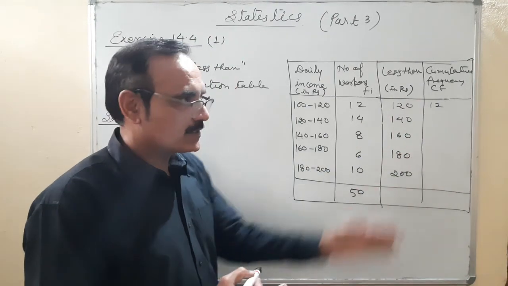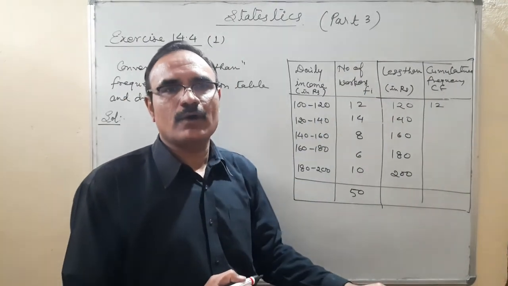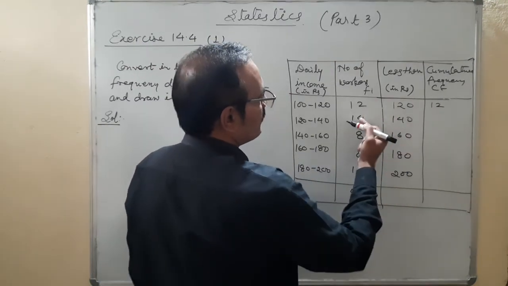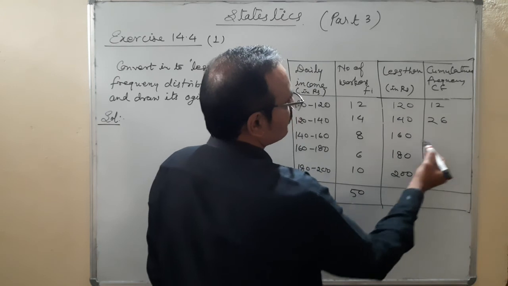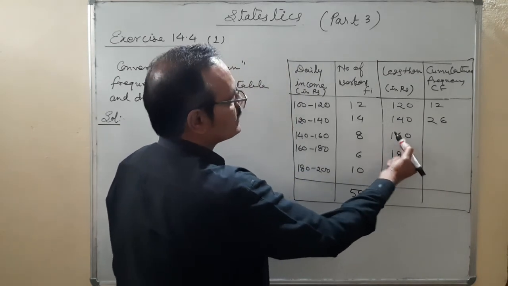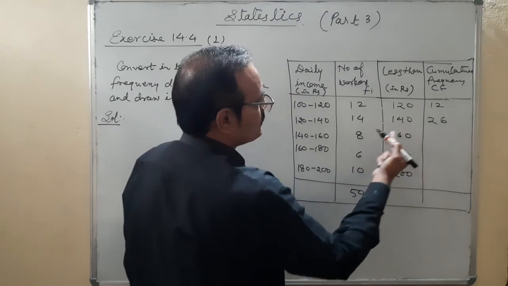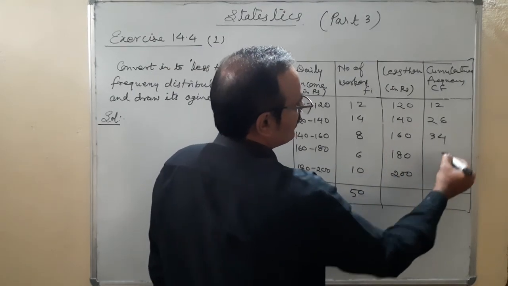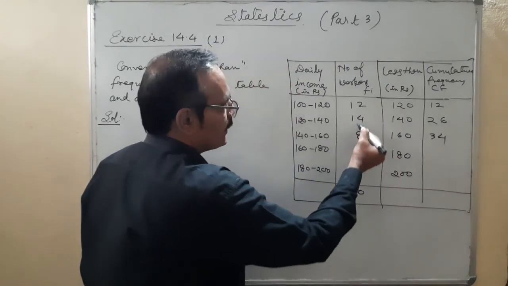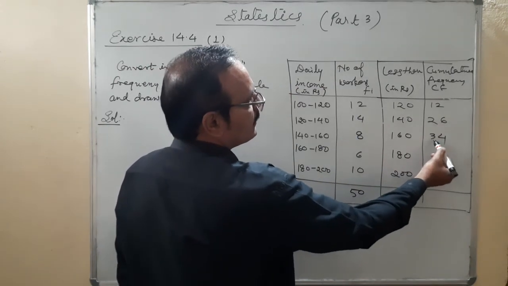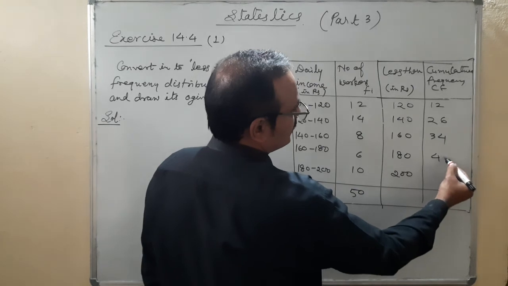That means the column we generally make, the cumulative frequency column, accordingly we are making. So 12 plus 14 is 26. Less than 160, we are adding 12 plus 14 plus 8, so 26 plus 8 is 34. Less than 180, we are adding all these four, 34 plus 6 is 40.